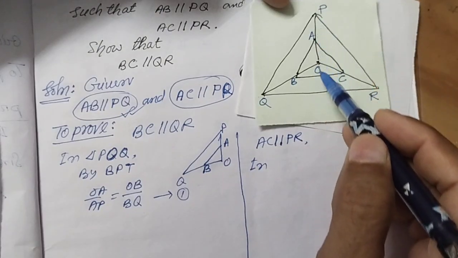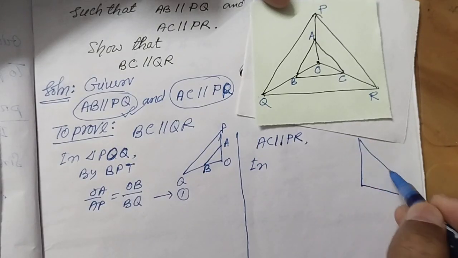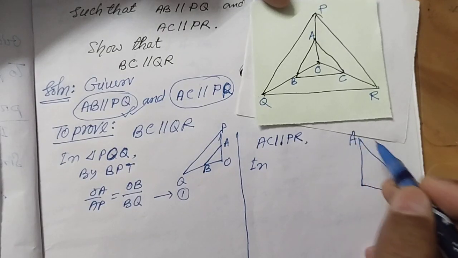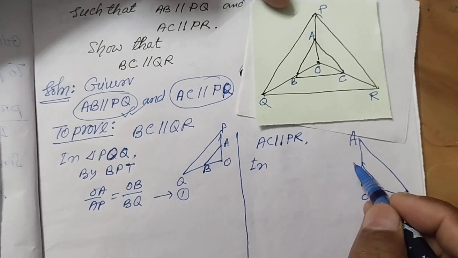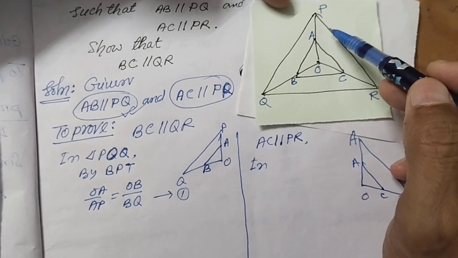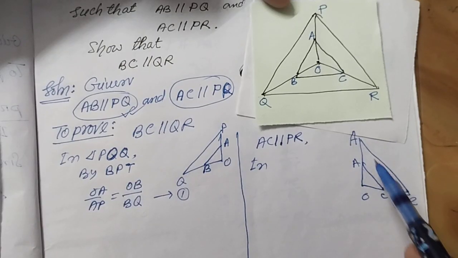This triangle OPR. I am drawing it separately here again. It is like this. This is OPR and this is AC. We are taking out this part. Why? Because it is given AC parallel PR.